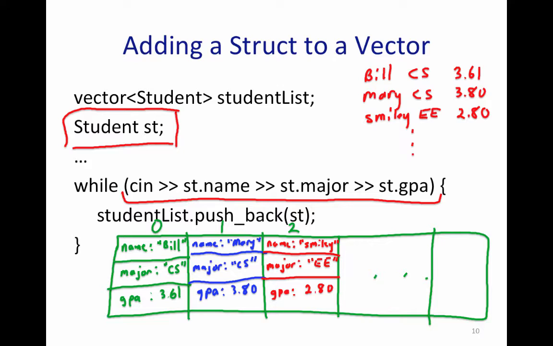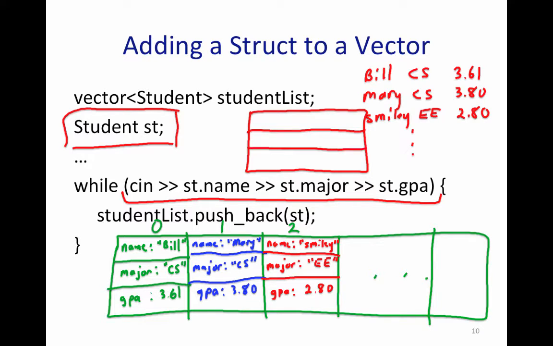So that would fill st. Remember, st itself has 3 fields: a name, a major, and a GPA. So the first time I do the while statement, I read in Bill. The major is CS. The GPA is 3.61.